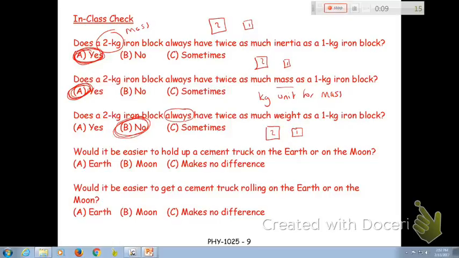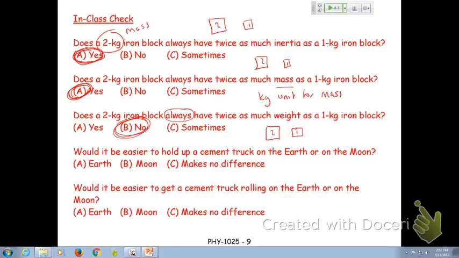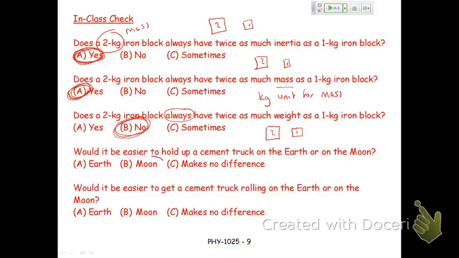We'll let this go until about 20 seconds. Yeah, okay. And this is going to be most people saying B, and yes, less gravity on the moon means that things have less weight on the moon. So an object will have less weight on the moon, so it'll be easier to hold up.